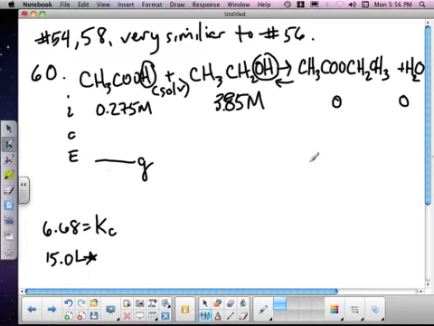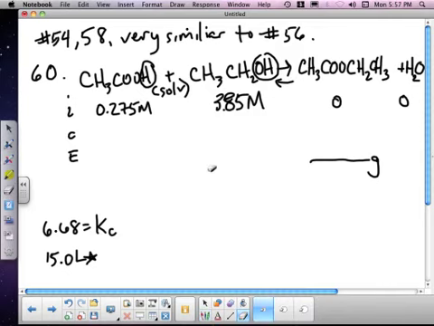So that's our question. When we solve the equilibrium expression, we're going to get a molarity, and then we're going to use the volume and the molarity to get to grams. So that's a little bit tricky.